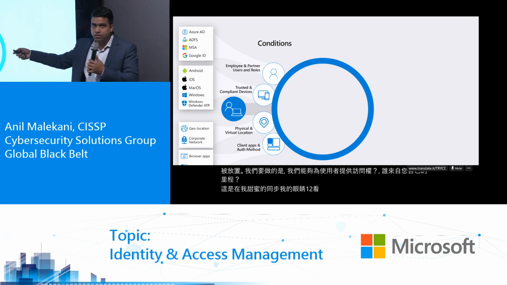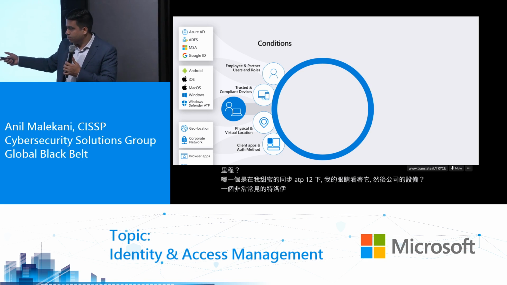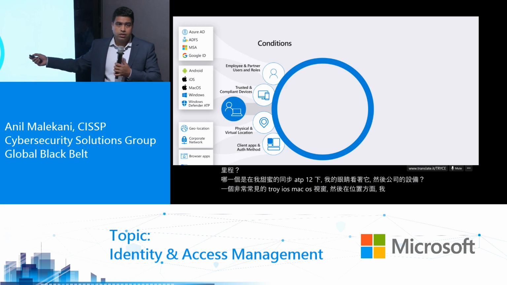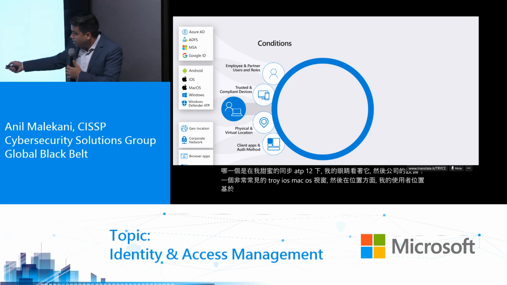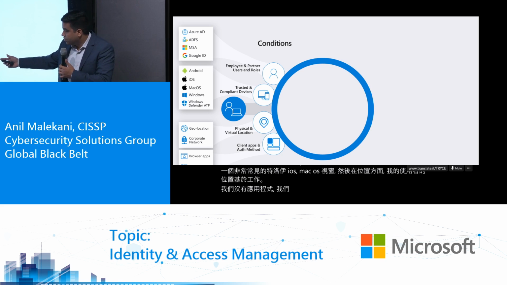So the static policies are basically based on the combination of who is the person, what device he's coming from, is it a compliant device, is it a risky device, what location he's coming from, right? So is it a location which is known for attackers using to compromise some of our services? Is he coming from a browser-based application, right? Or is he coming from a native application?